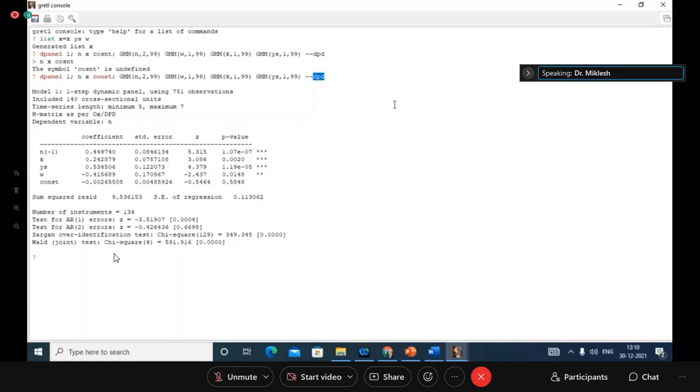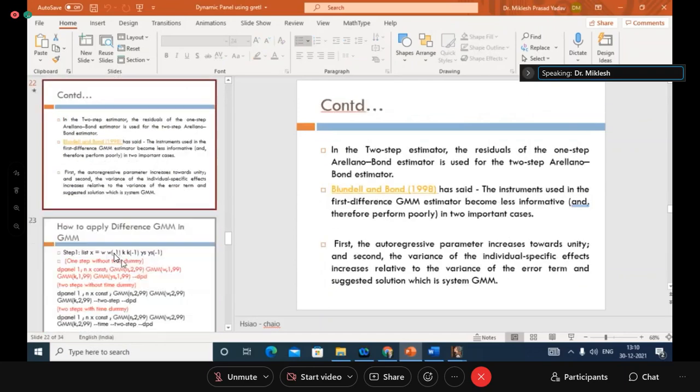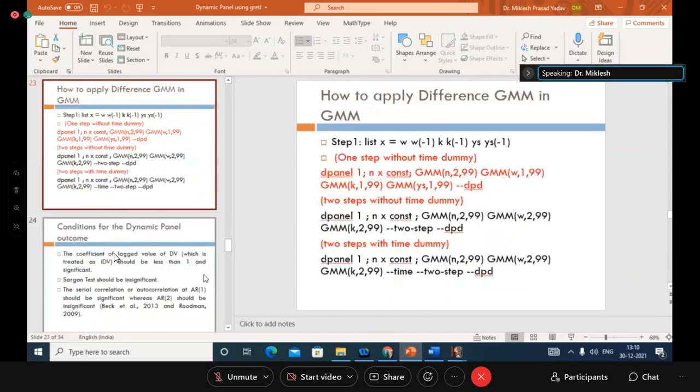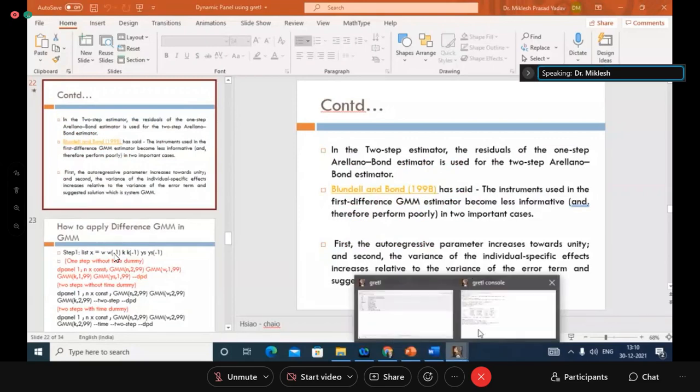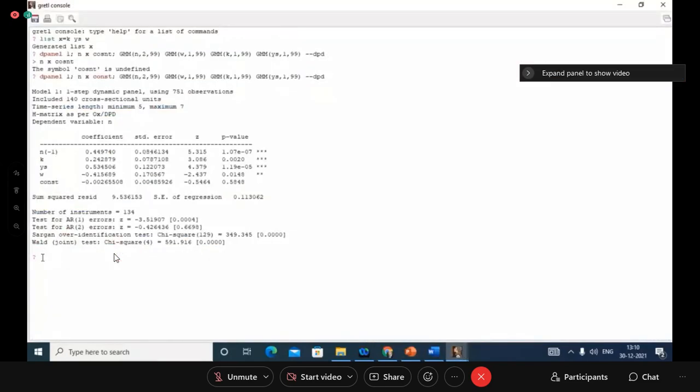Look, I'm going to apply two step. What is the difference between one step and two step? I'll be talking about that, but I just want to show you the robustness of the result. So in the same command, I add only one thing, and that is two step. How to do it? Simply, this is my command, and earlier it was this DPD.